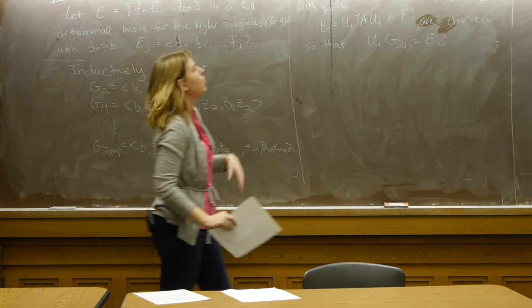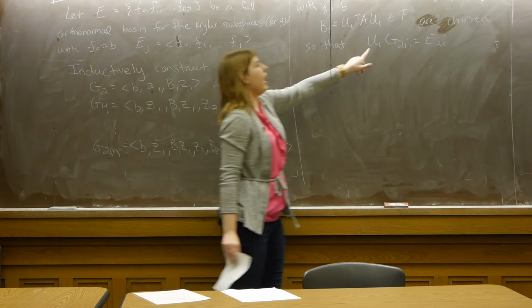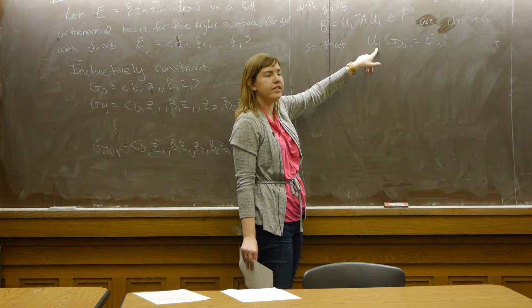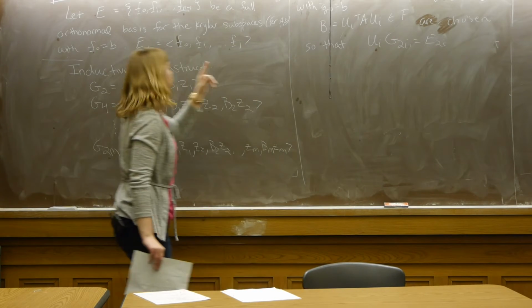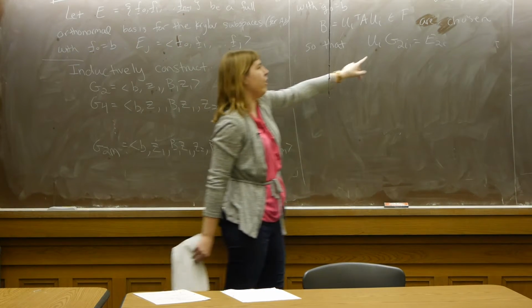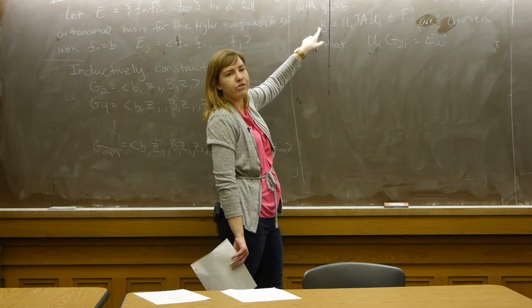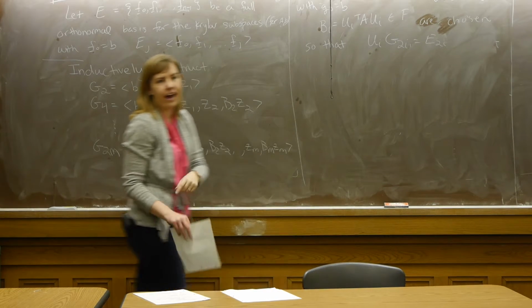So what we're actually doing at each step of this induction is choosing an orthogonal matrix so that we can move back and forth between these two bases. And then from that orthogonal matrix, we're defining a new matrix, BI, which is in F.